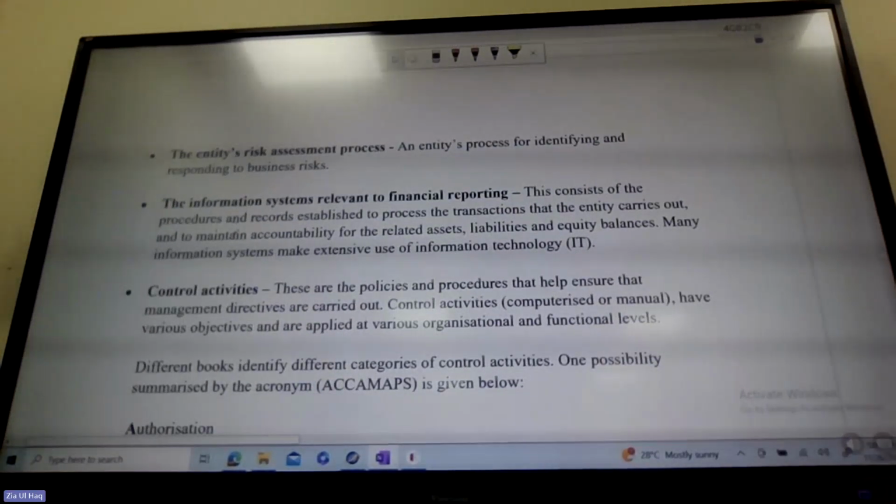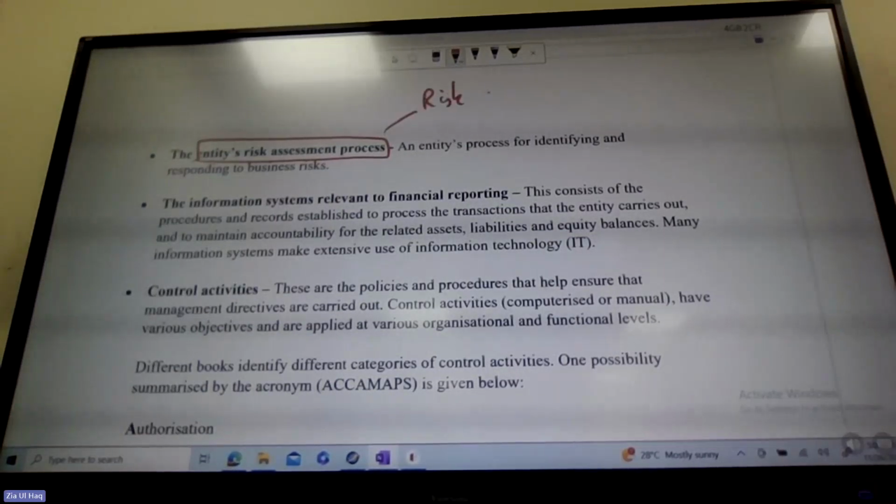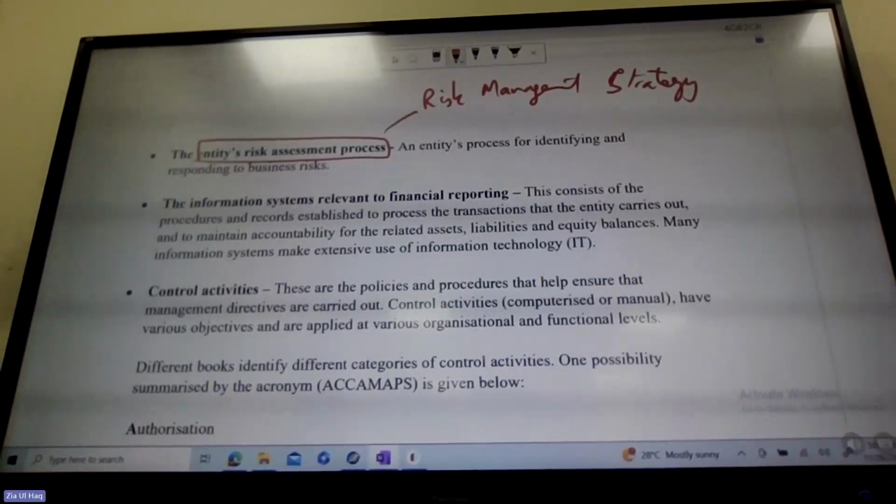The second component is the entity's risk assessment process. Meaning how the business organization is identifying and managing its business risk. If they are preparing a proper risk management strategy, meaning they identify risk and try to control those risks properly by implementing different policies, this means business risks are under control.